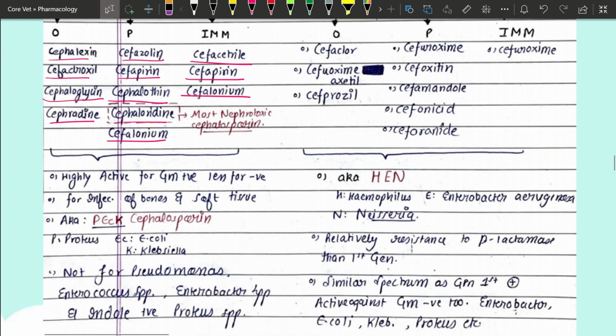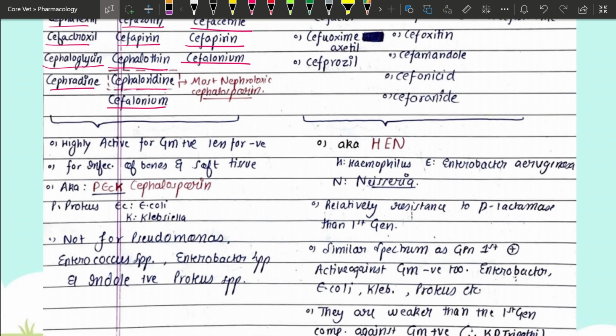Now the properties of the 1st generation drugs. These are highly active against gram positive and less active against gram negative. I had told you, as you pass through the generations, the gram negative activity and the spectrum both increase, right? These are generally used for infections of the bones and soft tissues.